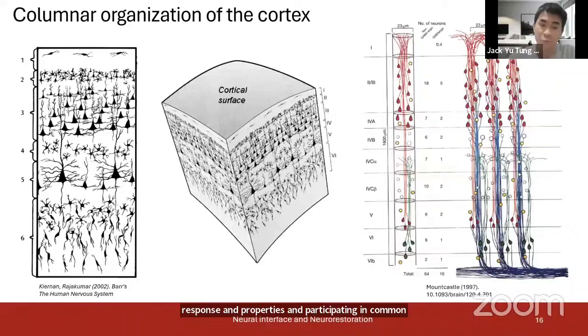Columns can vary in width across different cortical areas and species, but they are typically on the order of a few tens to a few hundred microns in diameter. And owing to this vertical flow of information, including to and from layer 1 neurons, the recorded activities of layer 1 neurons will mirror to some extent the response properties of deeper neurons in the same vertical column.